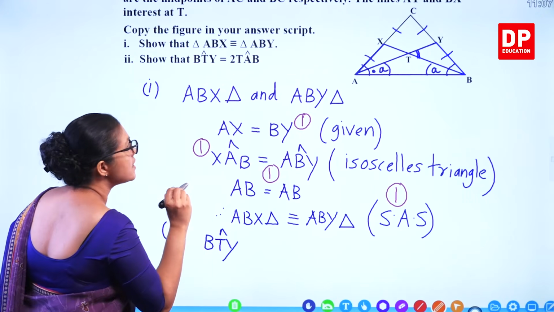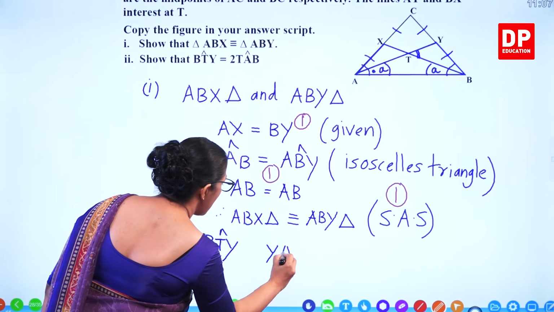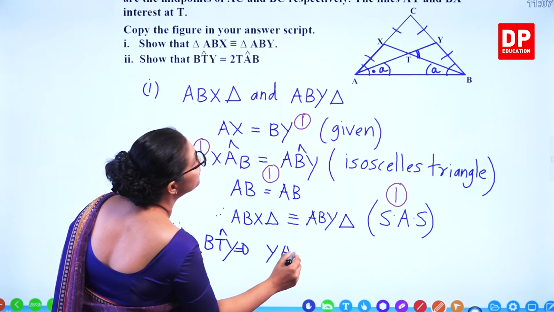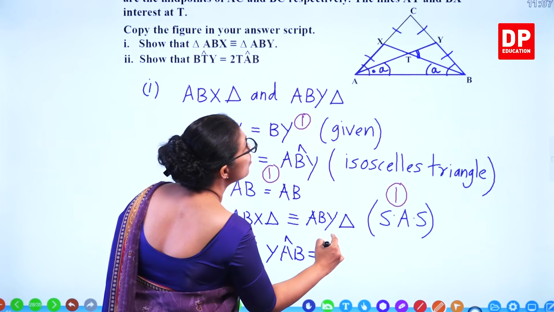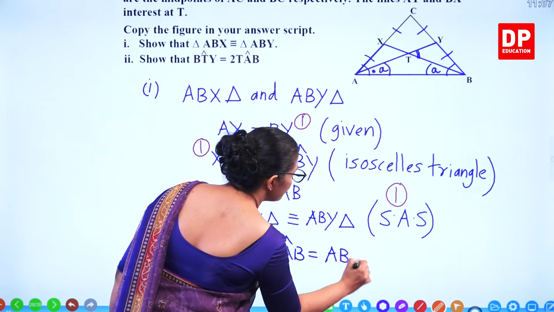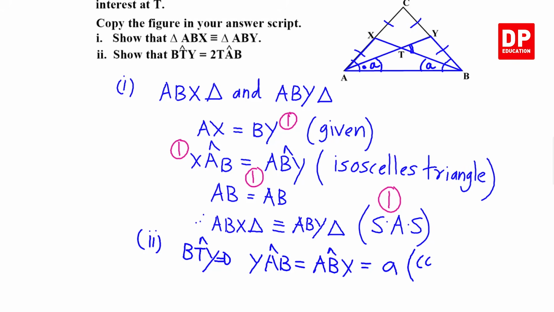So we can first write YAB angle is equal to ABX angle. We put A. What's the reason? Corresponding elements are equal because the two triangles are congruent.